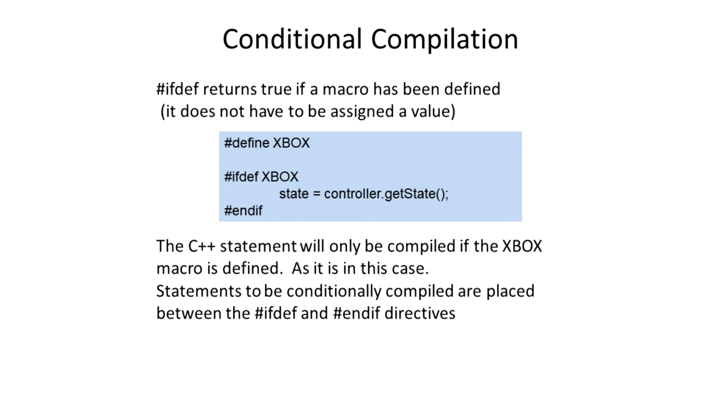Then we've also got a conditional, basically the equivalent of an if statement, to say, well, if the definition is Xbox, then call a particular function of the controller referring to the state, and then of course #endif to end the conditional if directive. So it's kind of the equivalent of an if statement, just taking place before the main code. This would allow us to run a certain function if a particular state had been defined.